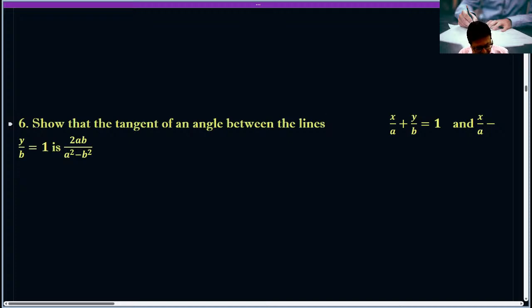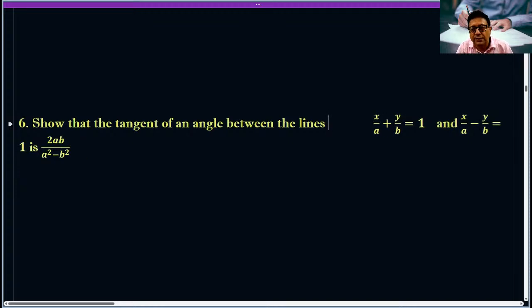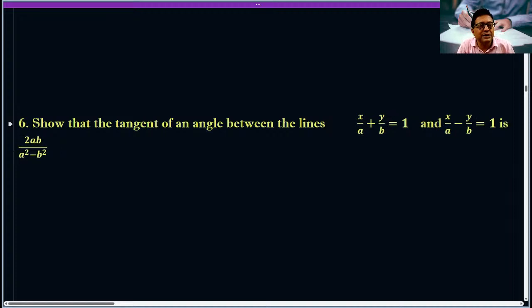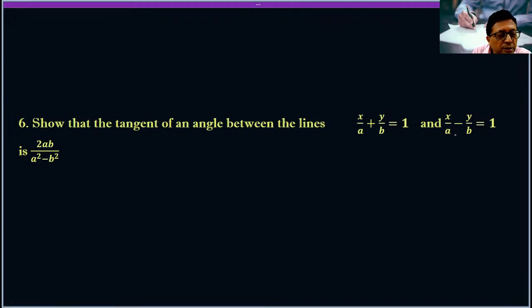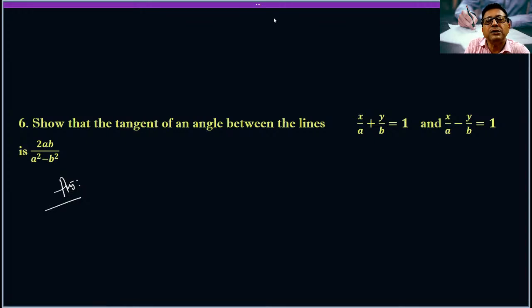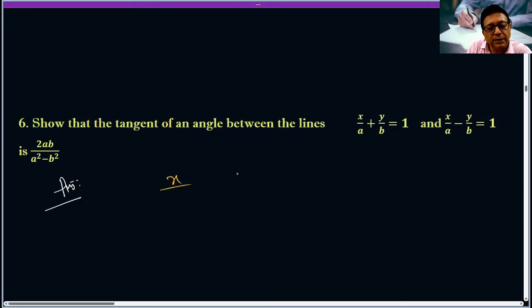Show that the lines, nice question, so that the angle between these lines is 2ab by 1 minus b square. 2ab by a square minus b square. Just calculation. You need to find the slope of first line.